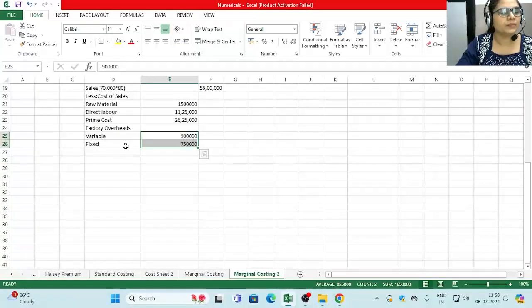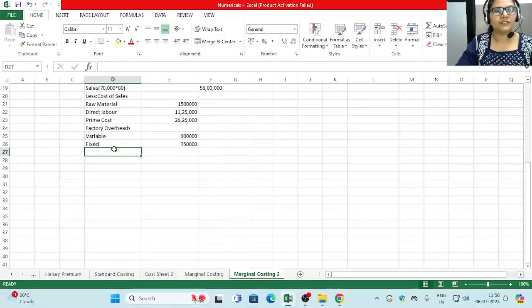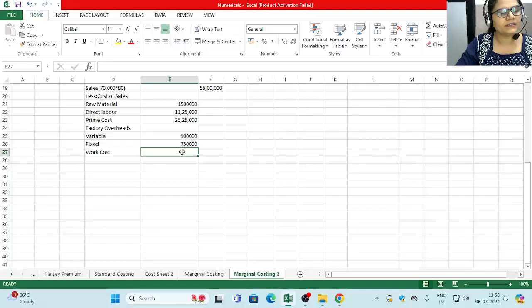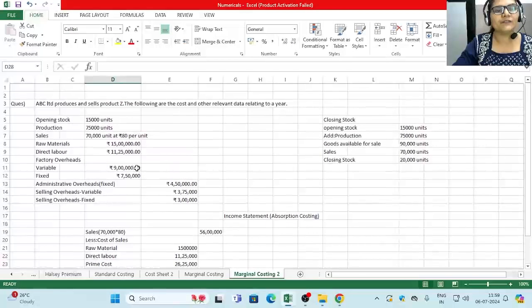After that, we will get the work cost, and the work cost is calculated as 42,75,000.